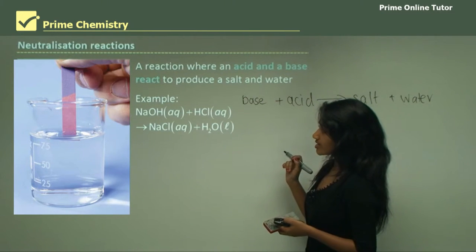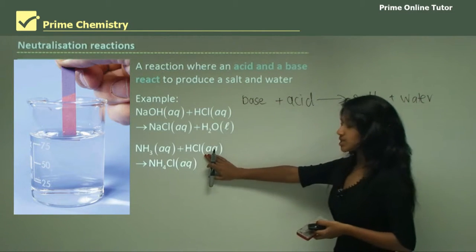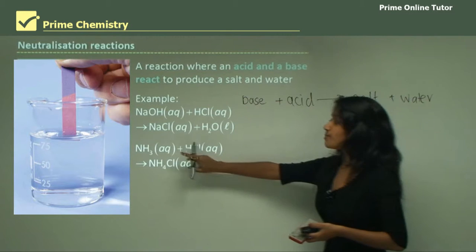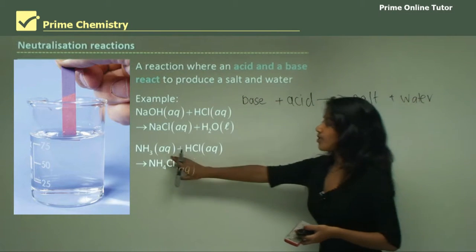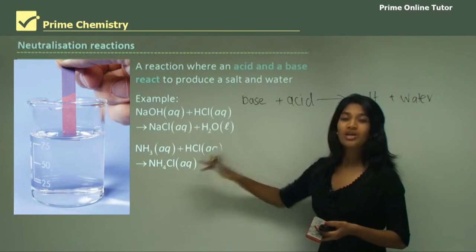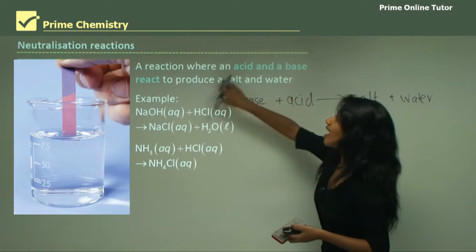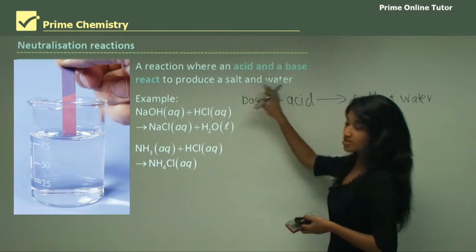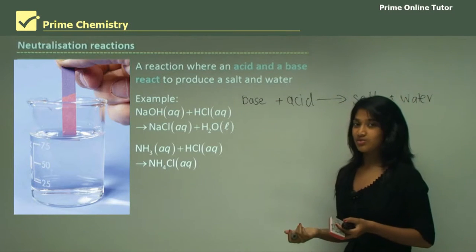We also have another example where we have ammonia reacting with hydrochloric acid. Now ammonia is a base and hydrochloric acid is the acid. When those two react, they only form ammonium chloride. With chemistry, there are rules like this one where acids and bases react to produce salt and water, but it doesn't apply for all acid-base reactions.